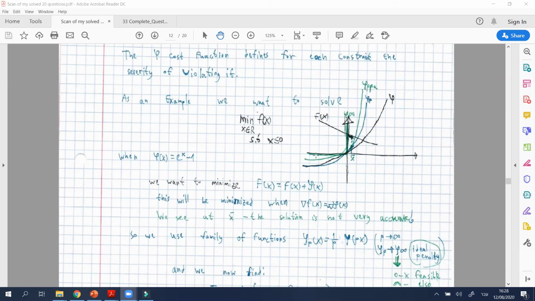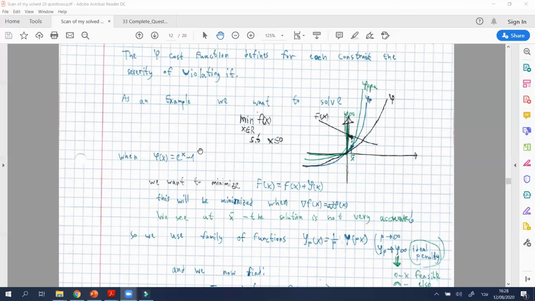Just note for now that we have the function f, which is monotonically decreasing, and we want the minimum x such that x is equal or lower than 0, such that the value of f of x would be the lowest. So we want the x that will make the value of the function smallest, which is obviously here.